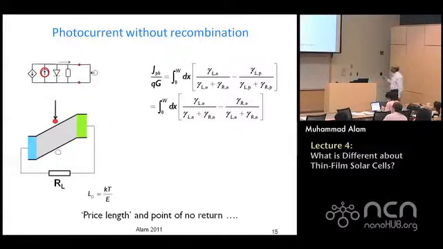Well, it has a probability that it will escape through the left contact, but it also has some probability that it will escape through the right contact. And so you can see this Ln and Rn are the probabilities for the electrons escaping to the left contact and the right contact. And similarly for the holes, you also have the same probability. It can go to the left or it can go to the right. Now if I ask you, what is the probability of electrons going to the left?